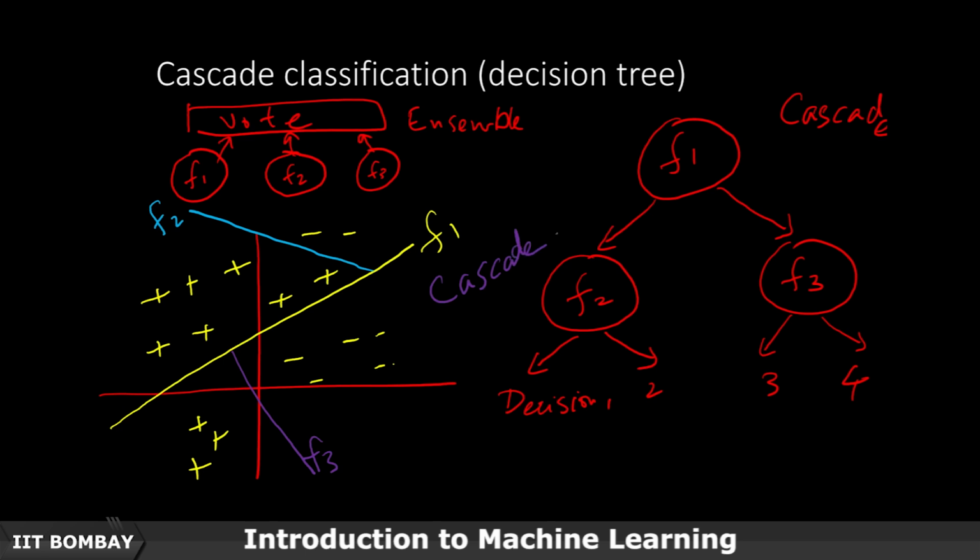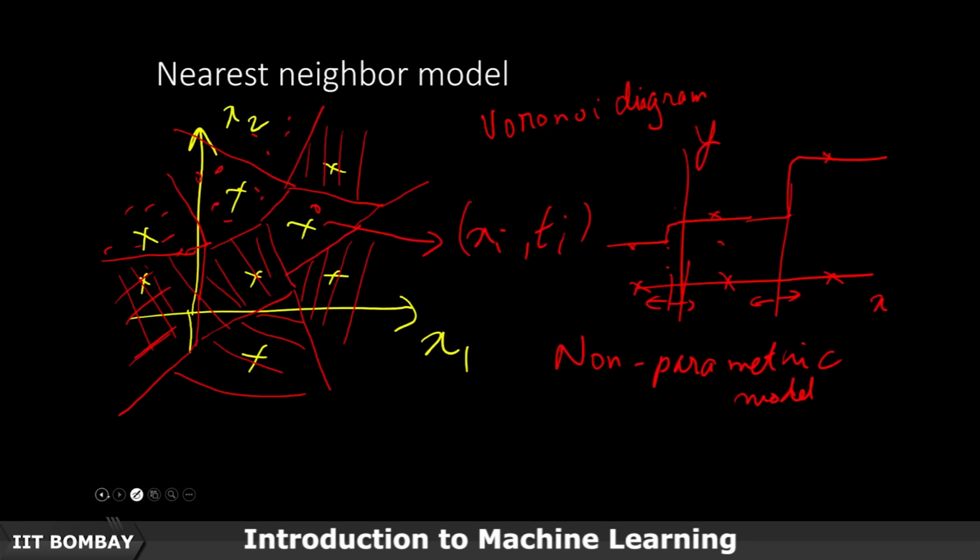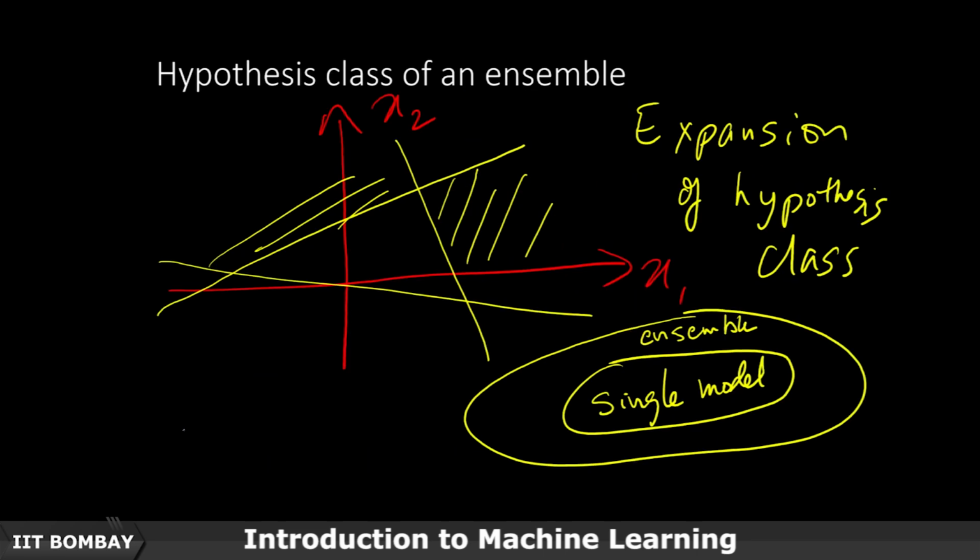Okay, in an ensemble the same effect would look like this. Here the three classifiers, their boundaries were overlapping with each other, and then it was dividing the space into more than two subspaces.